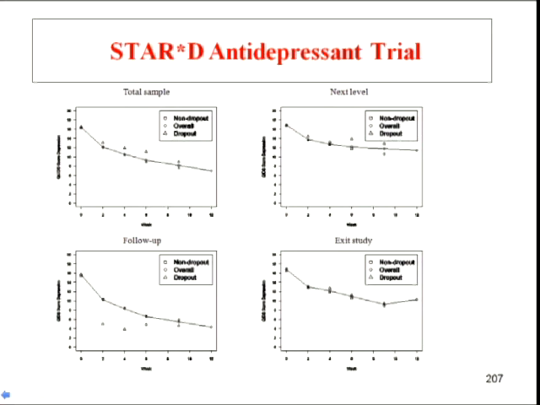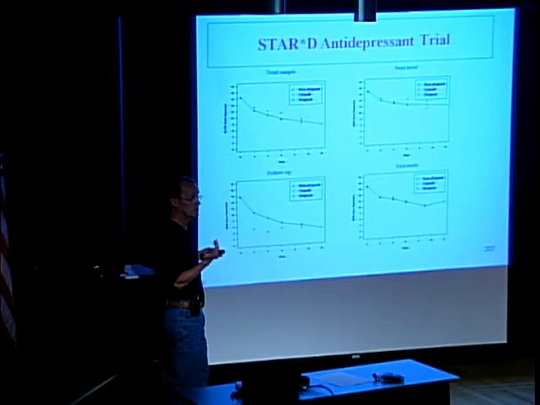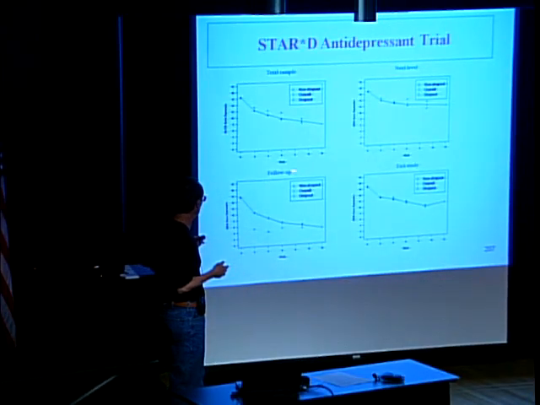And you can actually break it down into those who left, who were moved to the next level. That is, the medicine didn't work or they had intolerable side effects. Yes, there you drop out because you are high depression. As opposed to those who leave the study because they remitted, they were cured, they moved to follow-up.